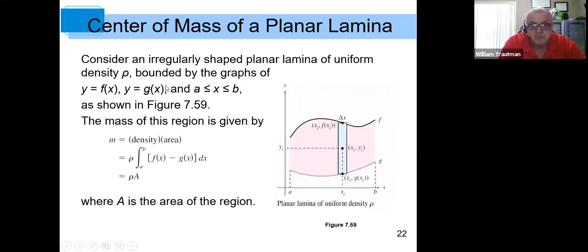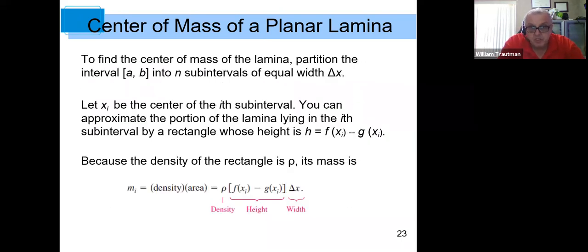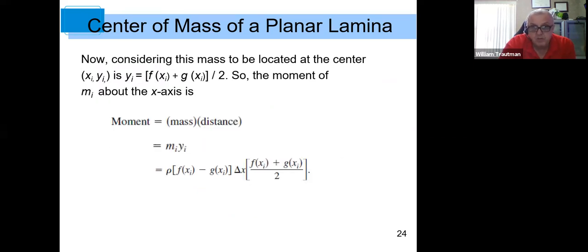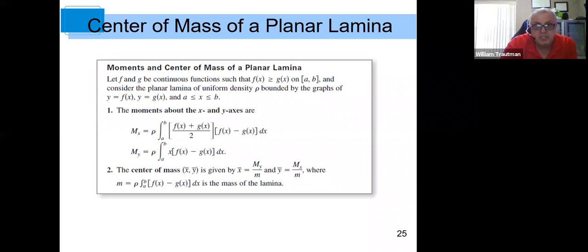So we do have some formulas here. They get to the derivation of the formulas that we need. Density: the mass equals density times the area. The moment is mass times distance, and they go through the whole process. This is what we need to write down.